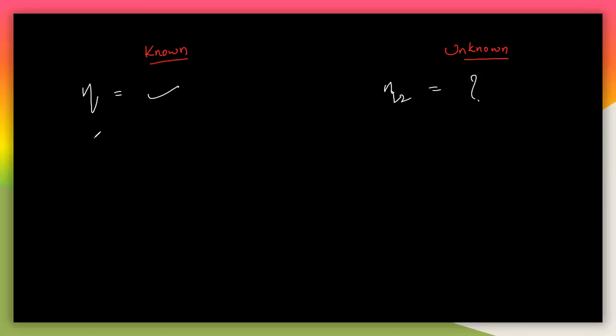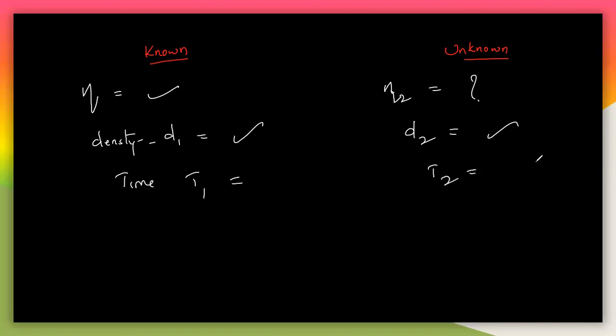We have to find that. Next, density: d1 is known here. Here also d2 is known, the density of the liquid. And the next one is time, let us say t1 and here t2. How much time will it take to move the water molecule from A to B.